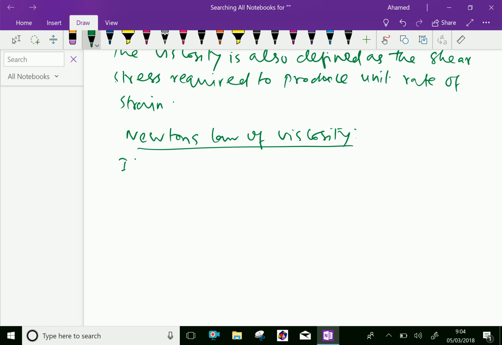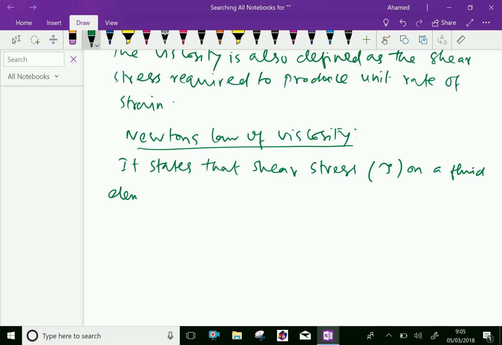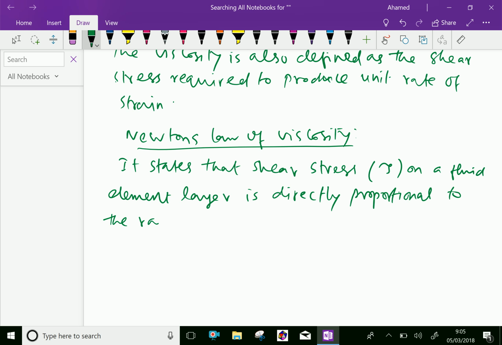It states that shear stress, that is tau, on a fluid element layer is directly proportional to the rate of shear strain.